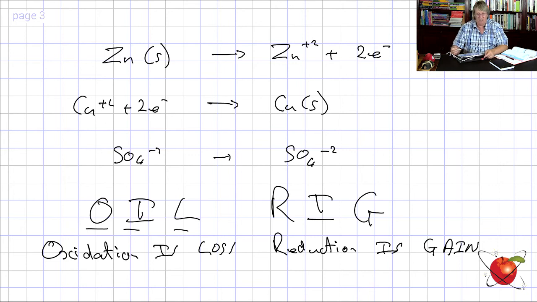Oxidation is loss. Reduction is gain. So what has happened here? Okay? This one has gained. This has lost. So this is loss. This is gain. So this is reduction. This is, whoops, a daisy. This one here is oxidation.